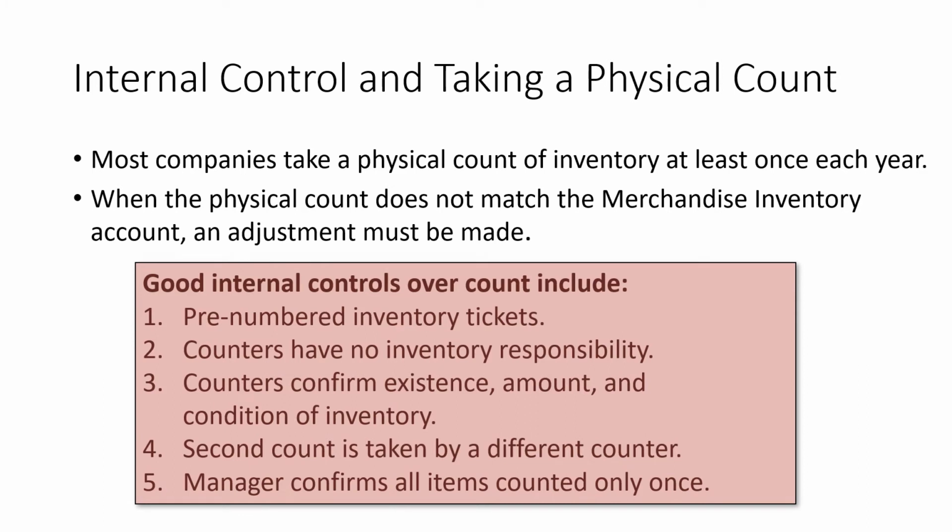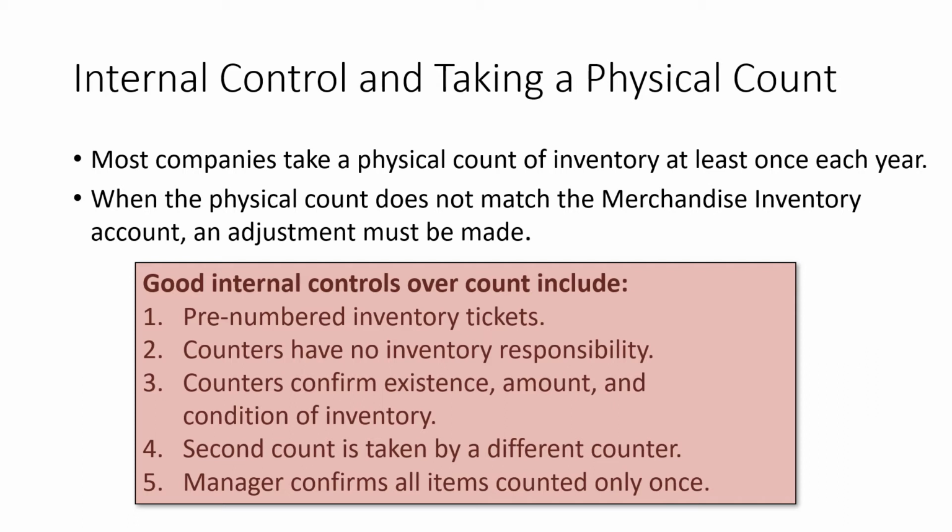Some additional internal controls, other than those three documents that we just talked about. First of all, most companies take a physical inventory count. So for instance, when you go to a retail store, or if you've ever worked retail and you talk about inventory, what they're referring to is the physical count of inventory to make sure that they get a count of the inventory that actually exists, and then they adjust the inventory number on the books to match what actually exists.